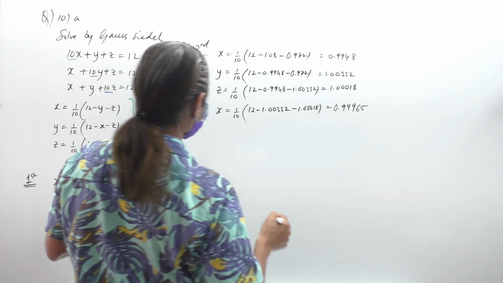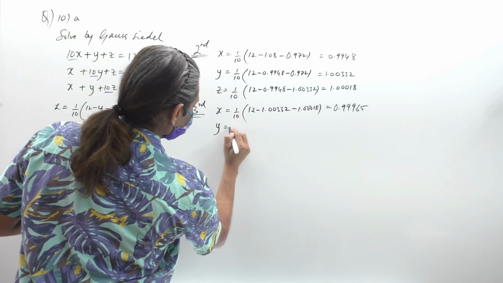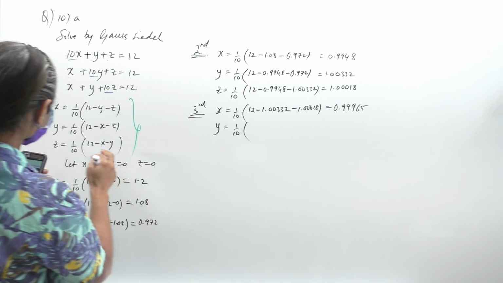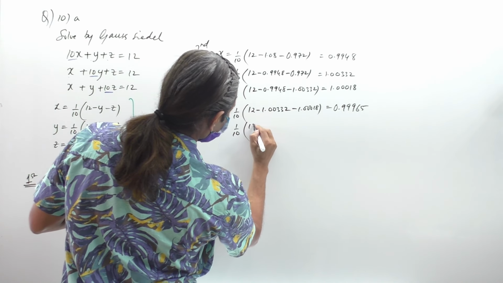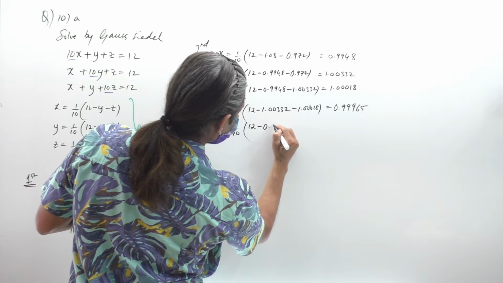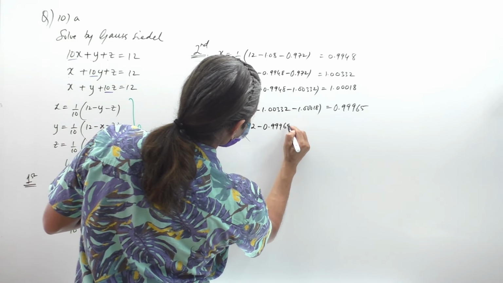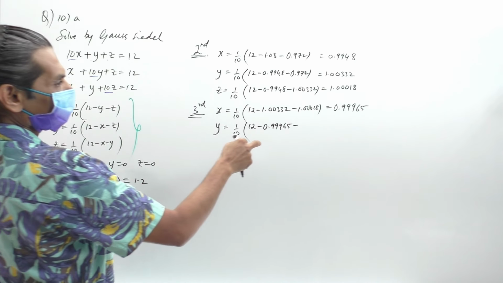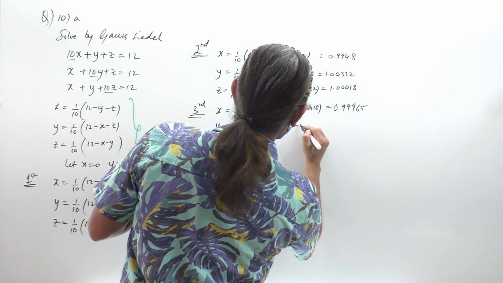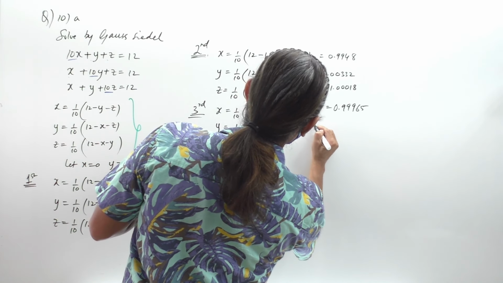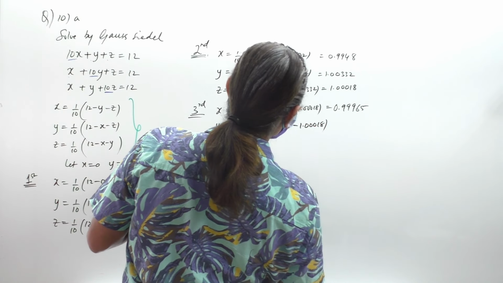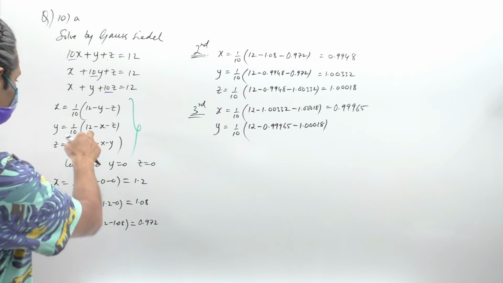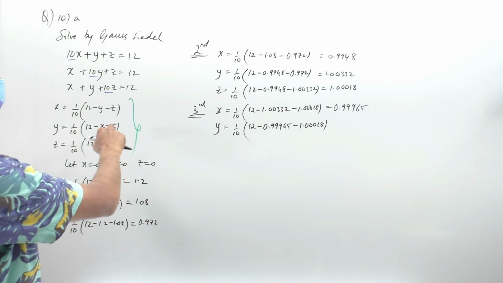0.99965. Next, y is equal to 1 by 10 again, 12 minus x minus z. So 12 minus new x, 0.99965, minus z. What is z we got? 1.00018. Fine, correct now. So y is equal to 12 minus x minus new z.